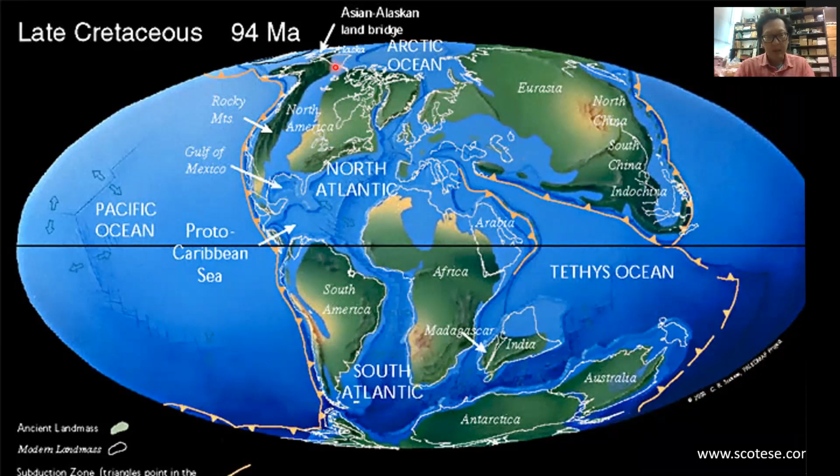And Western North America had this finger of flooding go up behind the Sierra Nevada through all of Texas and up into Alberta. Same thing with South America, although it may have been a little bit more restricted. So we call this an interior seaway. They called it the Western Interior Seaway.